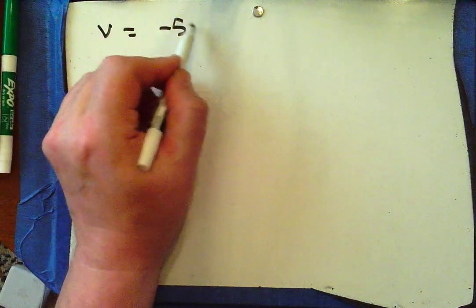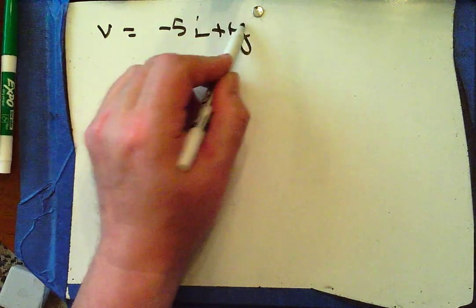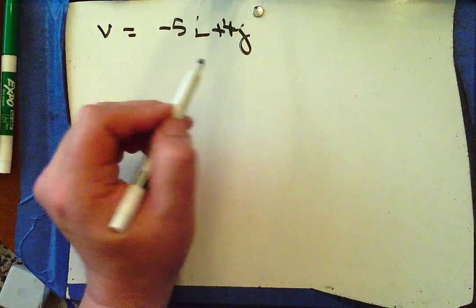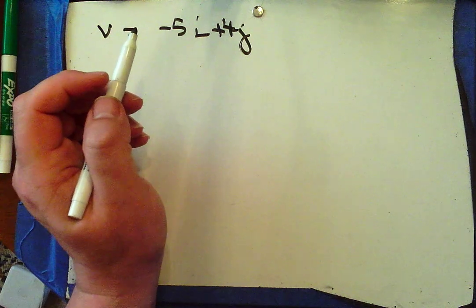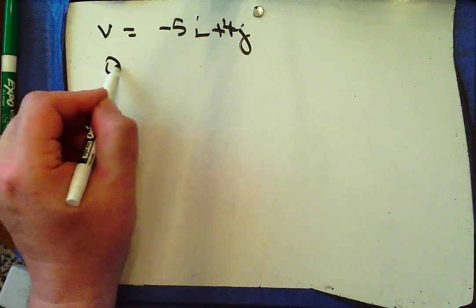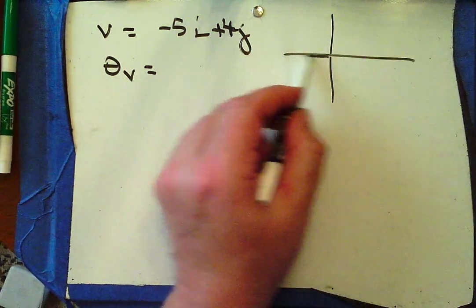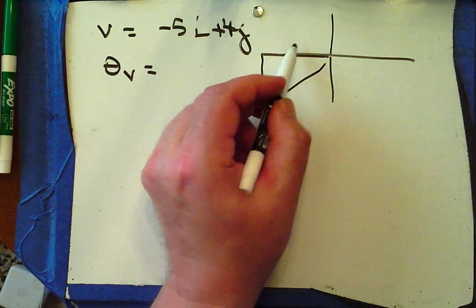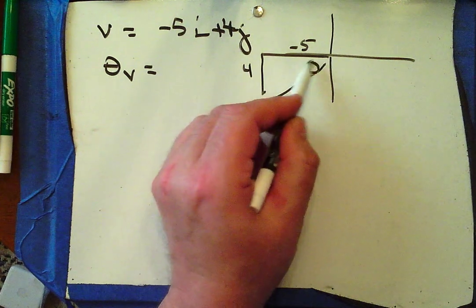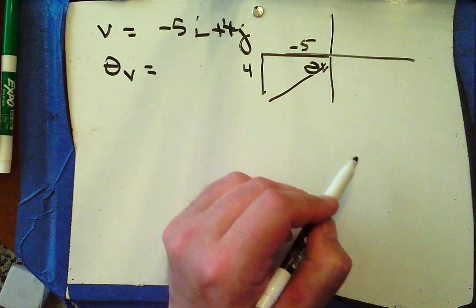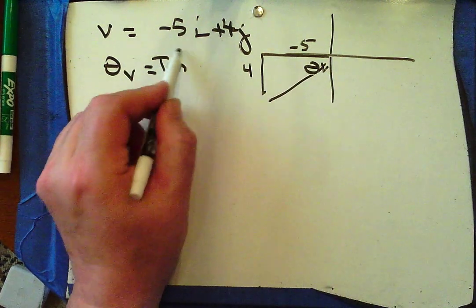Don't get me wrong. For example, v is given as minus 5i plus 4j. Okay, so I know that the theta v, if I draw a picture of this, I go back 5 and down 4, and there's my theta v. And so I can say tangent inverse.